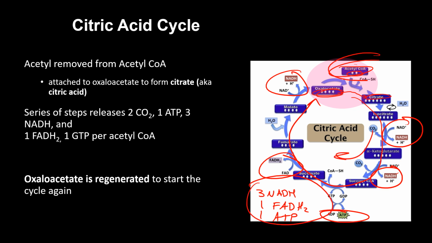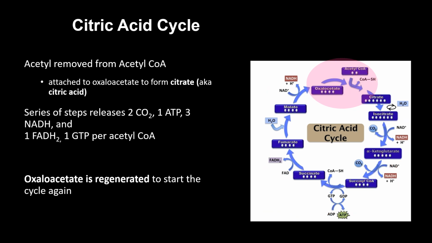Now, because we have 2 of these per glucose molecule from the original, we are going to take the products of this and double it. So the grand total for the citric acid cycle, for 1 molecule of glucose, we produce 6 NADH, 2 FADH2, and 2 ATP.